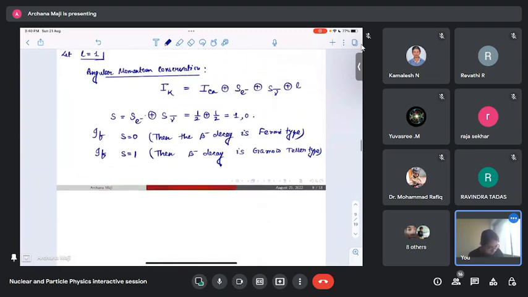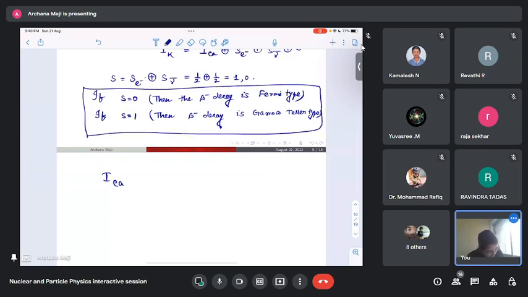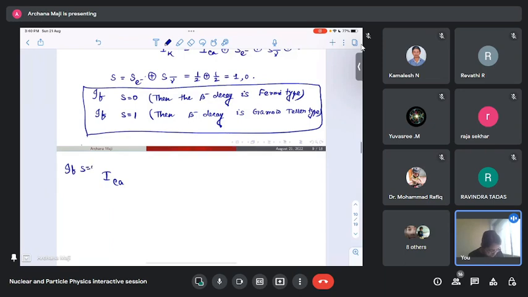So let us then compute this right hand side. If S is equal to 0, then what happens?